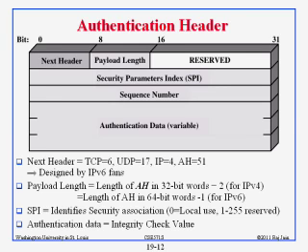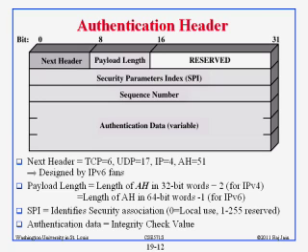Alright, so now we know two modes. Now let's see the header, the difference between the authentication header and the ESP. So the authentication header protocol, this is the header. The first field is next header. It tells you what the payload type is.